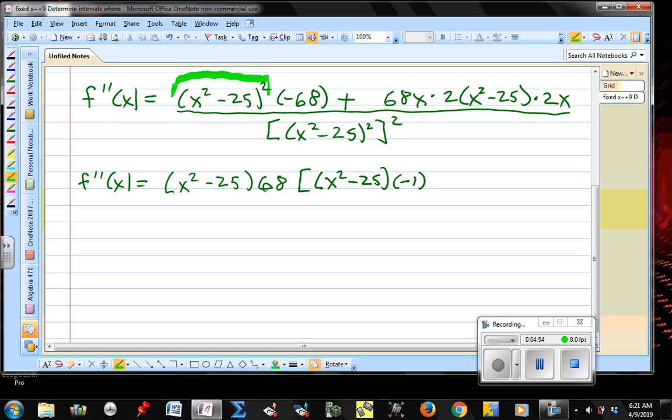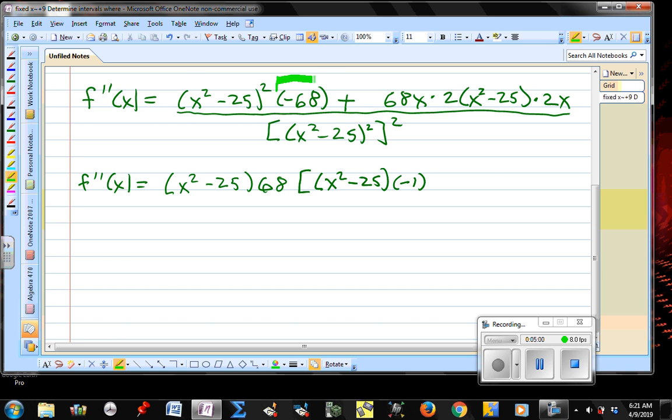We took out the factor of x squared minus 25, we factored out 68, giving us a factor of negative 1, plus what's left, x times 2, times 2x.